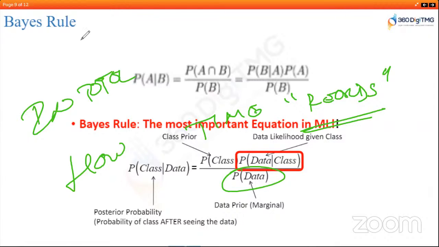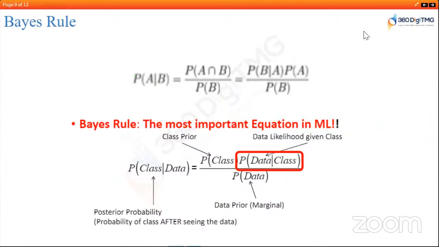Let us say the likelihood measure may be very high because the existence of that particular data prior is also pretty high. Is it clear, friends? So that is why we also have to look into the data prior measure as well.